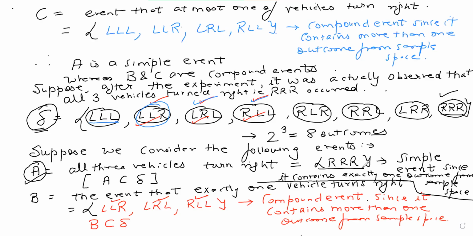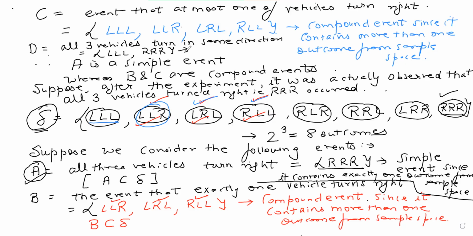Suppose I could have taken an event D also. Let's say that the event D was that all three vehicles turn in the same direction. Can I write the elements of D? All three vehicles turn in the same direction means either all three go left or all three go right.